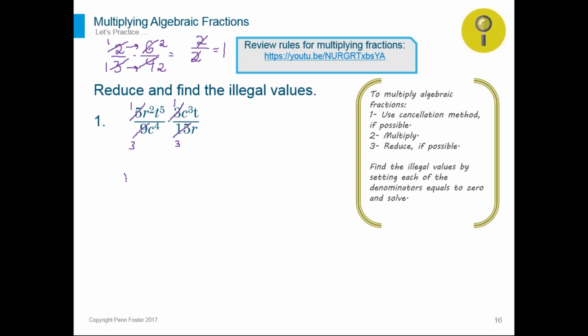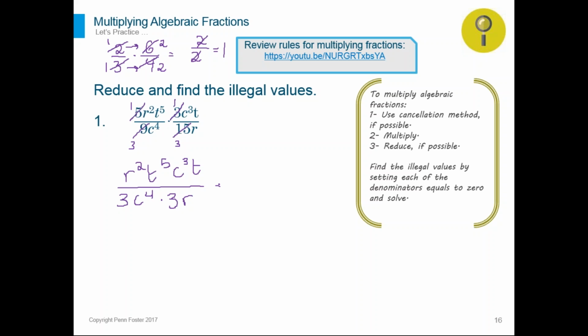So we have r squared t to the 5th c to the 3rd over 3 c to the 4th, times t over 3r. Now, our job is to multiply the variables on the top, multiply the variables on the bottom, and then cancel out anything that we're able to cancel, so we put our answer in simplest form.